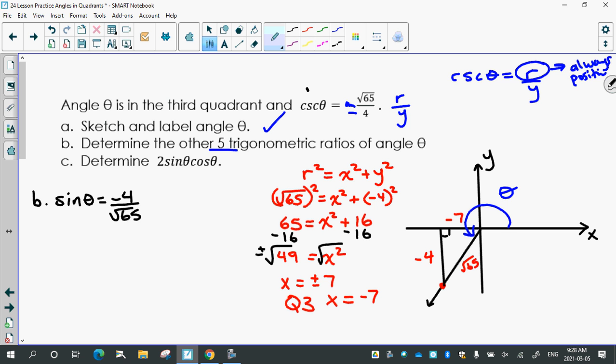Cos of angle theta is x over r, so that's negative 7 over root 65. And secant of angle theta is r over x, so negative root 65 over 7. I'll just bump the negative up.